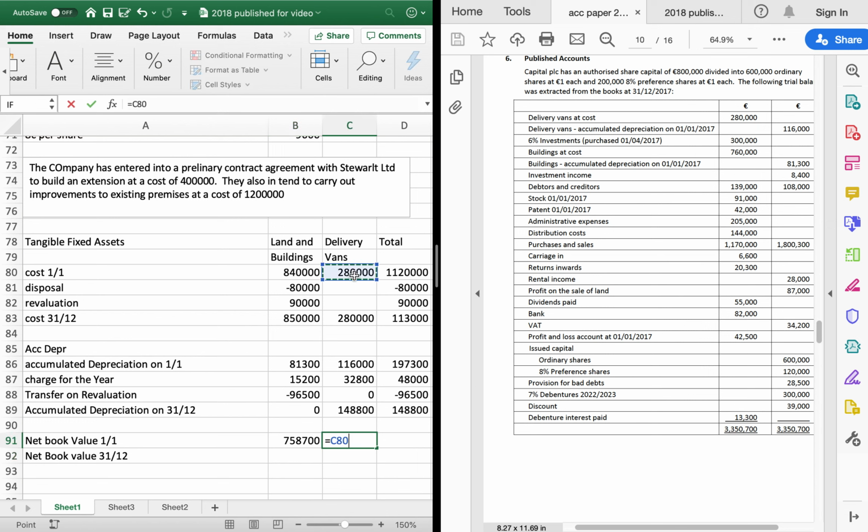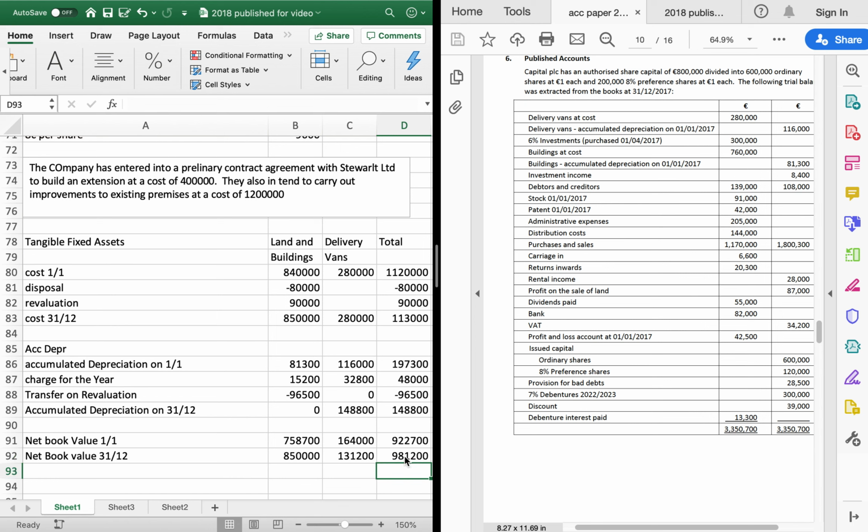For the vans, 280 minus 116, you're just taking your opening balances away from each other. And then the same for the end of the year, your closing balances. So 850 minus 0, and 280 minus 148,800. That's 131,200, giving you 981,200.